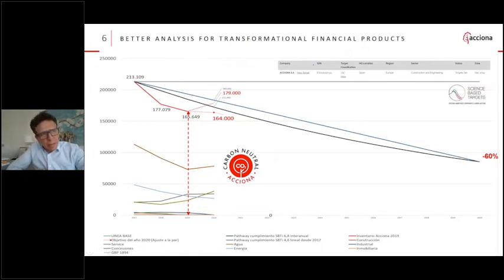What does it mean? All the carbon emissions that we have, we are a company with 40,000 employees and around 7.5 billion of revenues, are neutral, compensated every year by buying United Nations certified emission reductions.